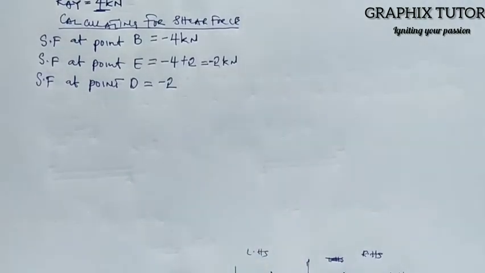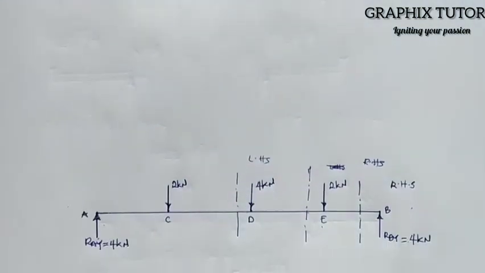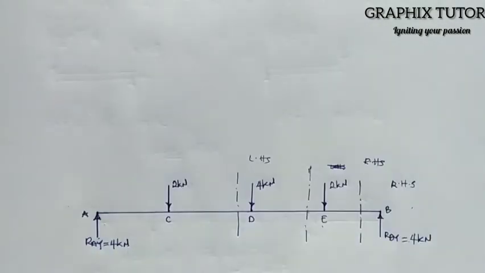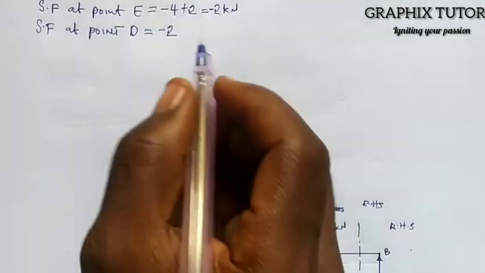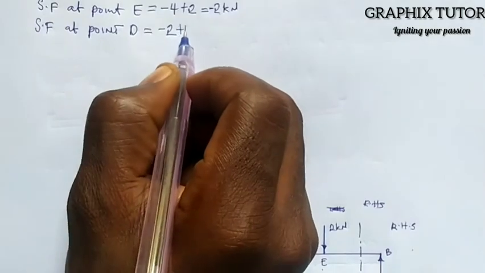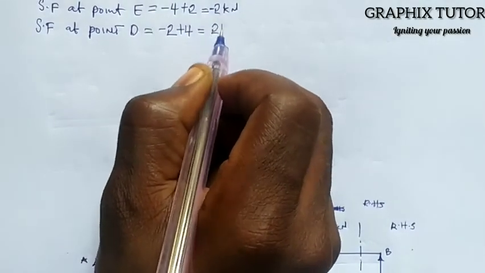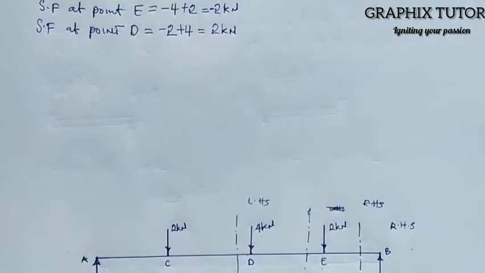So if you look here, what is the new introduced force? And that is 4, and it's facing down at the right hand side. And when any force is facing down at the right hand side, the shear force is given to be what? Positive, because it's facing down at the right hand side. So plus the new introduced force, which is 4. So I'll put plus 4. And that will give me 2 kilonewton.